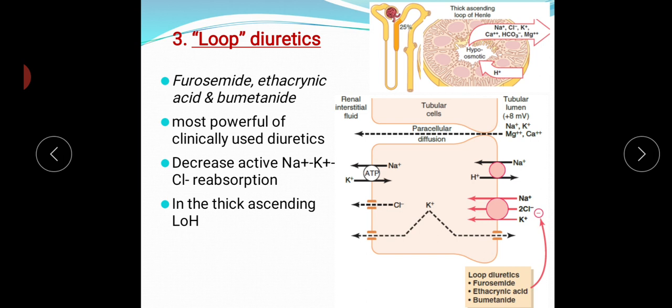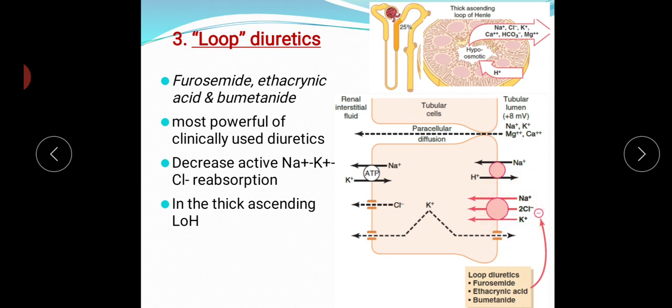This carrier protein reabsorbs all three solutes: sodium, chloride and potassium. Around 20 to 25% of the solutes are reabsorbed from the thick ascending limb, mainly via this pump, and there is also another pump, the sodium hydrogen exchanger. But here our main focus is the sodium 2 chloride potassium pump.